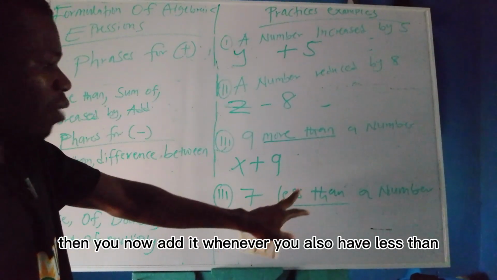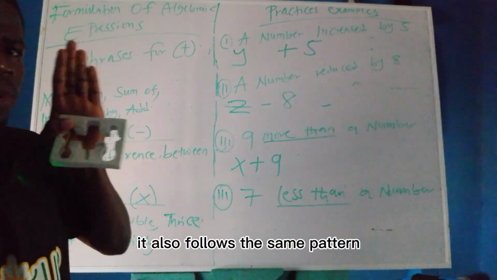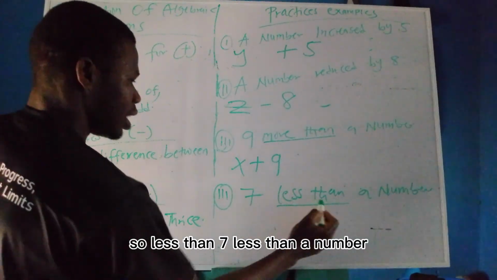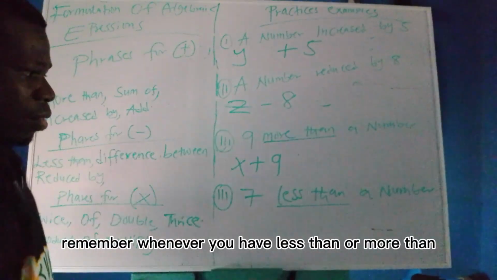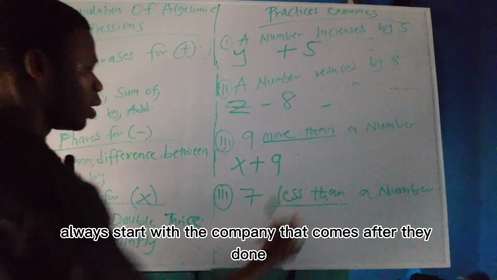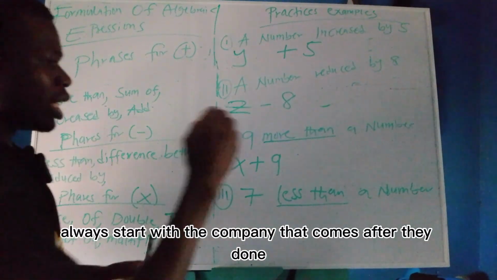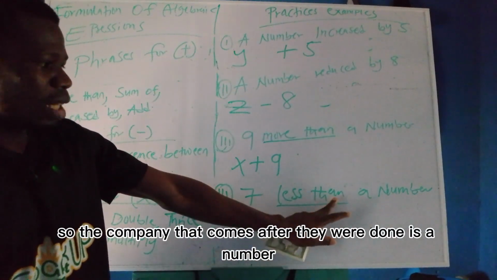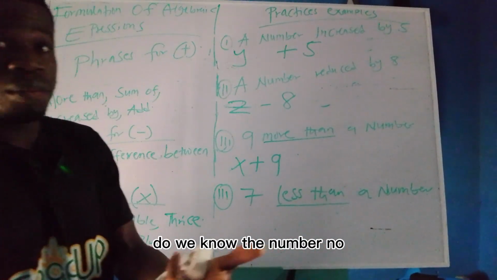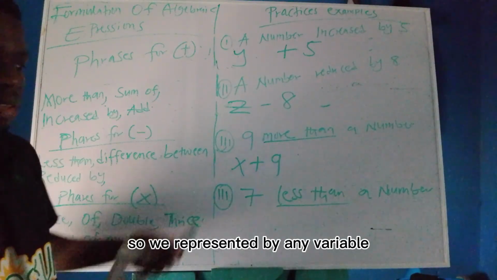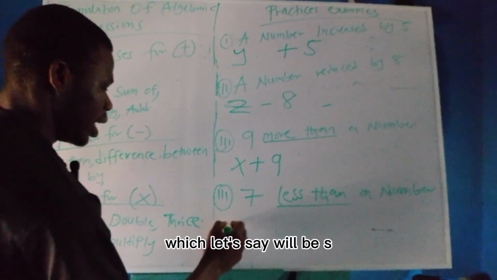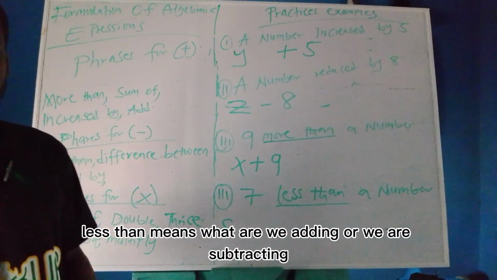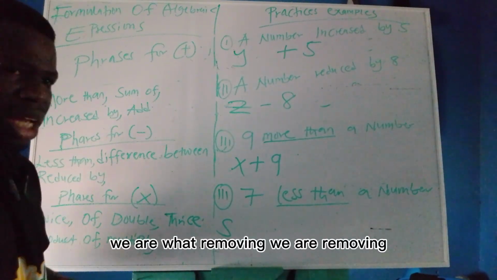Whenever you have less than, it also follows the same pattern. So 7 less than a number. Remember, whenever you have less than or more than, always start with the component that comes after the word than. The component that comes after the word than is a number. Do we know the number? No. So we represent it by any variable, which let's say will be s. Less than means what? Are we adding or subtracting?